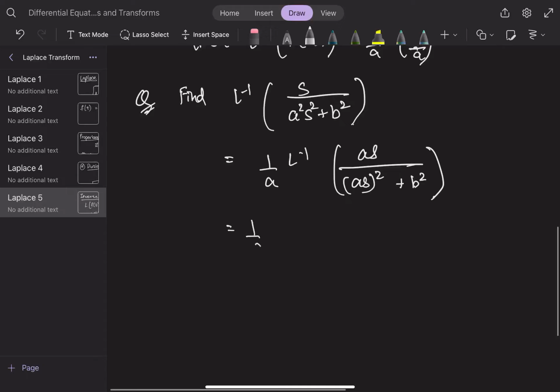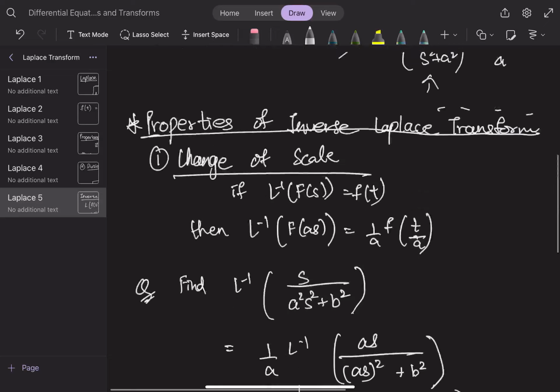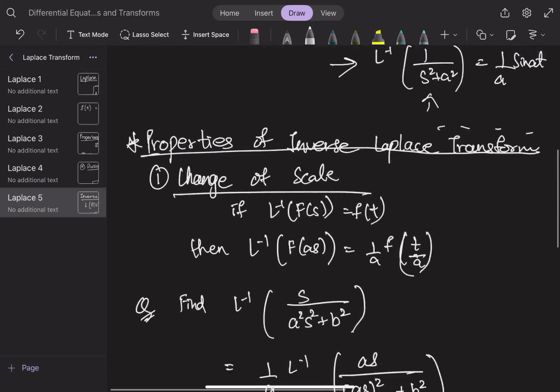If you look at this closely, this is actually 1 by a cos(bt by a). So your answer becomes 1 by a square cos(bt by a). Remember guys, we have written t by a because of this property, and the 1 by a comes from here.